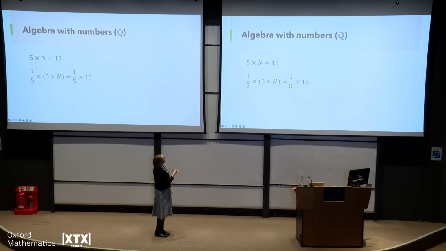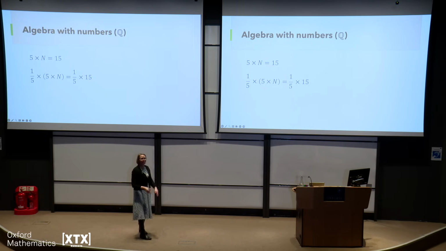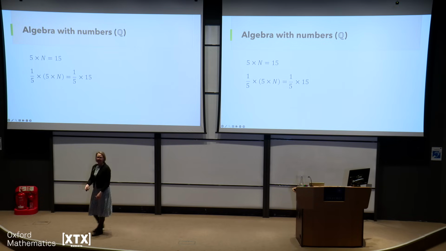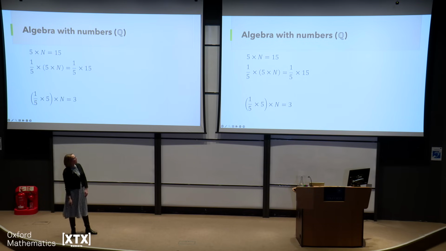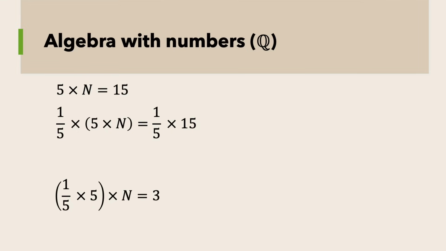So I've got 1/5 times 5 times n, right? And what I'm doing here is I'm taking the left side of the equation and the right side of the equation, and I'm multiplying each of them by 1/5, okay? So you're thinking, okay, we all know this, but let's keep going. The next thing that I need to do is, instead of multiplying 5 by n, I need to pair 5 with 1/5.